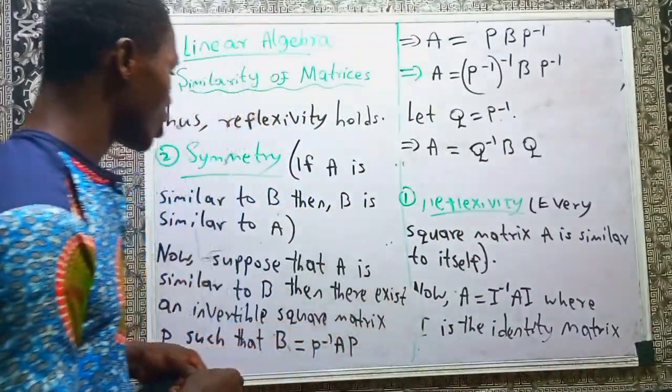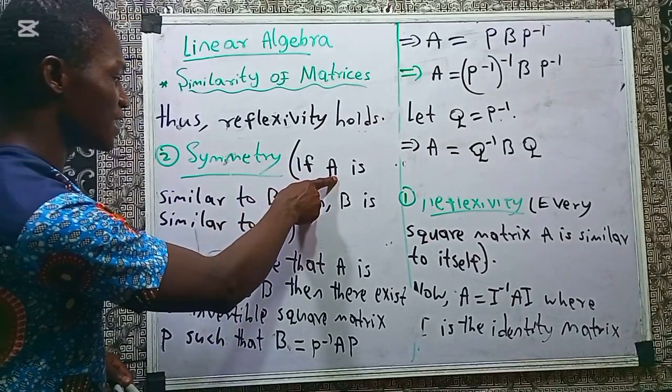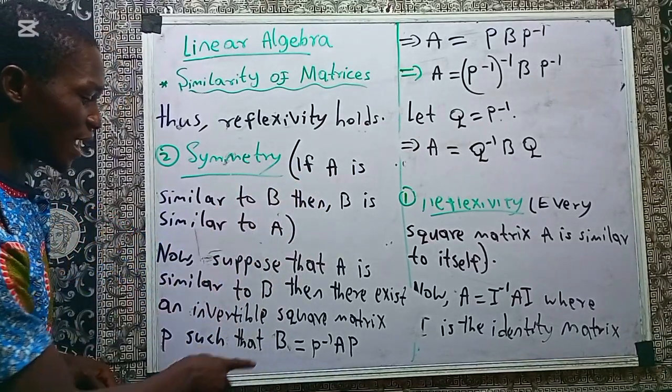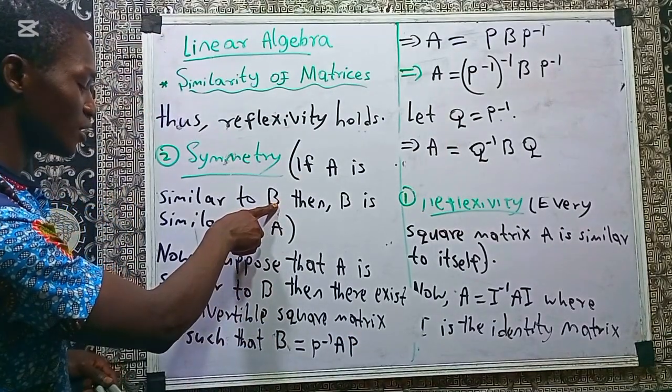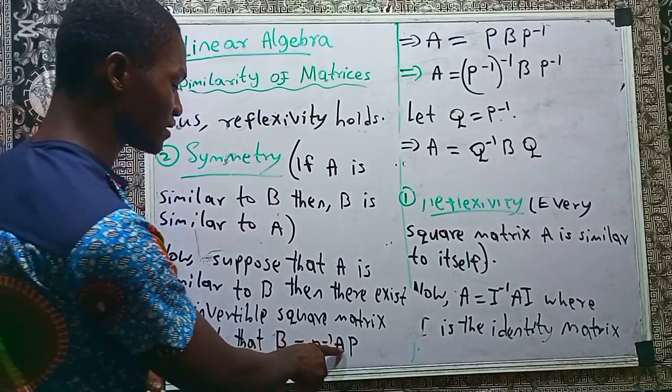A. Because we supposed that A is similar to B, and we had that there exists an invertible square matrix P such that B equals P inverse AP.